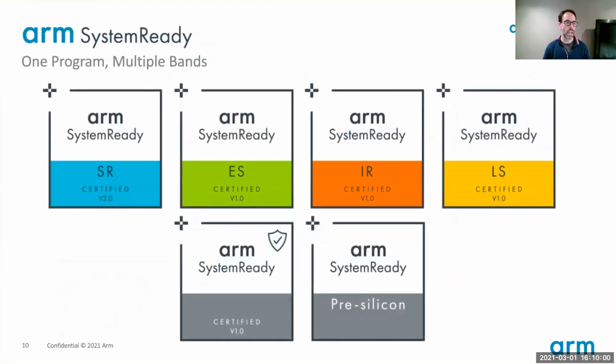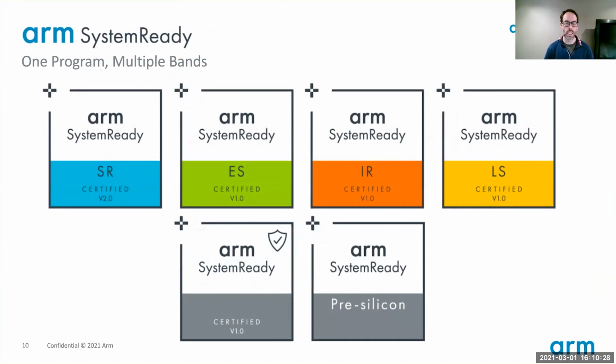So SystemReady is one program. We have multiple bands. We have the SR band, which is ServerReady. It's exactly the same as the ServerReady program we already had. It's just the evolution of it. Next over is ES, which is embedded server. Realistically, the only difference between ES and SR is that SR has much more stringent requirements on how the hardware is built.